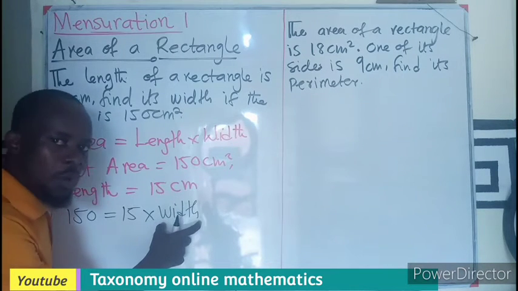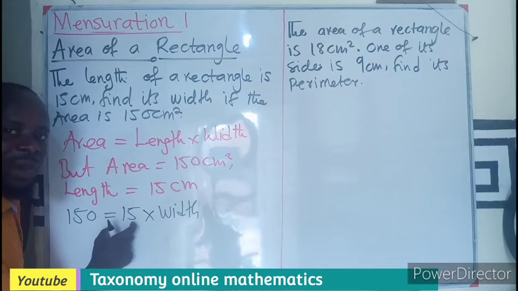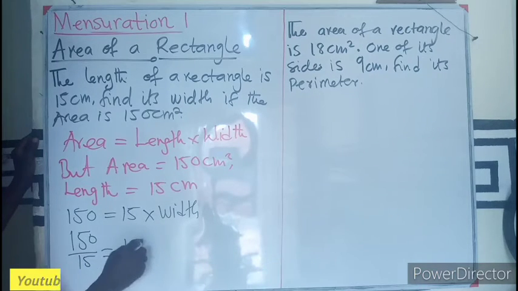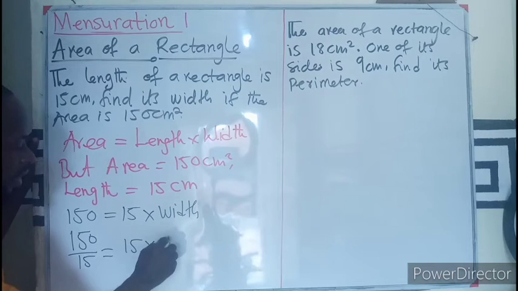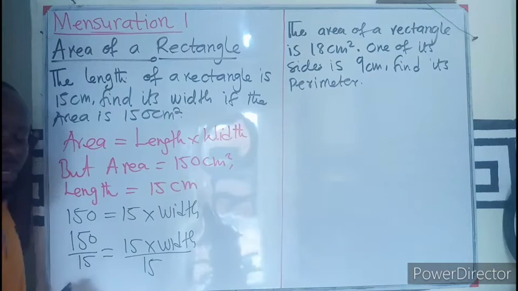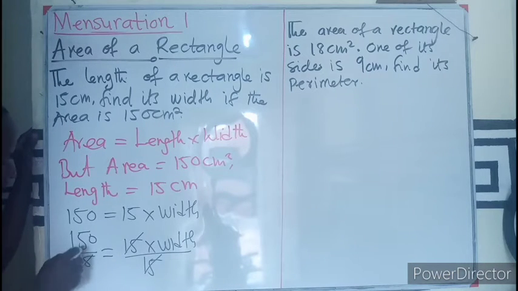So we divide both sides by the coefficient 15 to get the width on its own, meaning 150 divided by 15, equals 15 times the width divided by what? 15. I believe this will cancel 15, 15. 15 will go into 150 10 times.